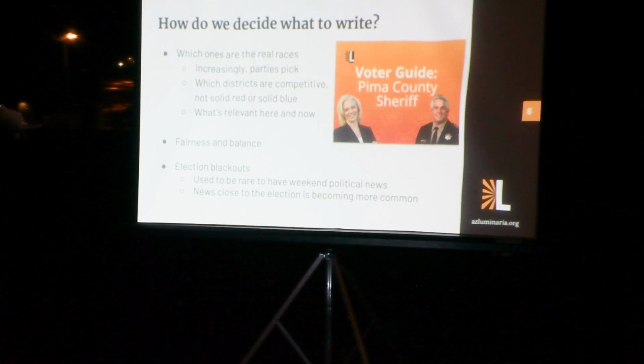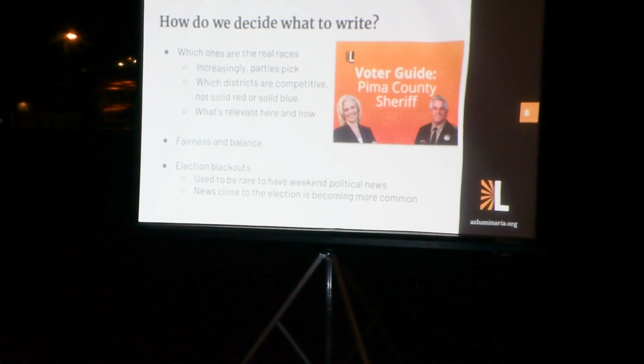The other thing is that we, as part of our ethics as a journalism organization, have election blackouts, which you might not know as a lay person, right? So election blackout is that 2 weeks, a week before the election, we don't cover anything related to the candidate unless it rises to the level of somebody might change their vote based on this information.